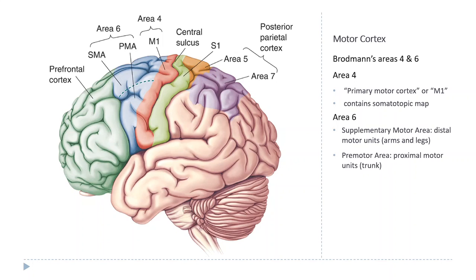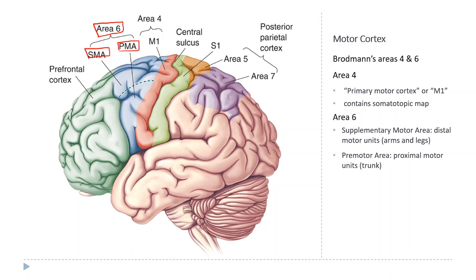Area 6 is just anterior to area 4, what's called the primary motor cortex. This is subdivided into two regions: the supplementary motor area, or the SMA, and the premotor area, or the PMA. And there's also a somatotopic map within this region.